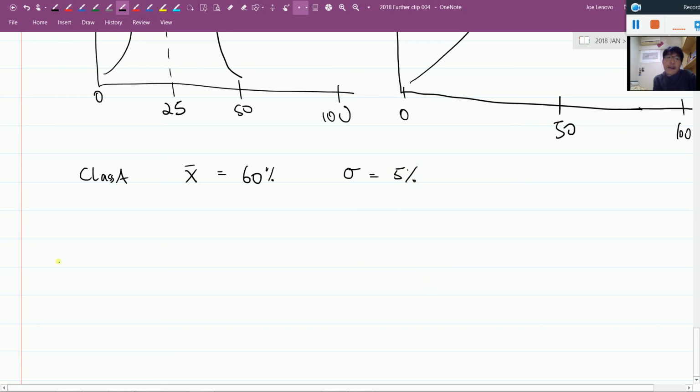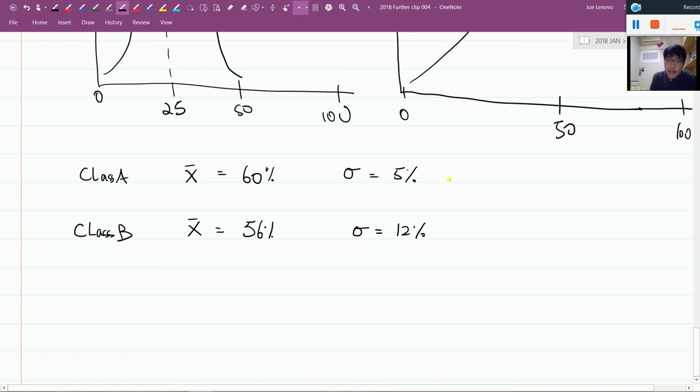This is the first graph. And then the second graph you can try to do would be the other class. The mean for them would be slightly lower, 56%, but they will have a much bigger standard deviation. How would you approach this particular graph?